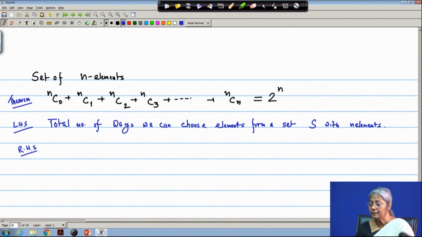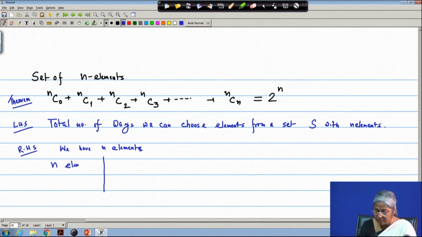Very simple way I can think, if we have n elements, as if I am making 2 partitions. So, whether these n elements will be taking some combination or not.